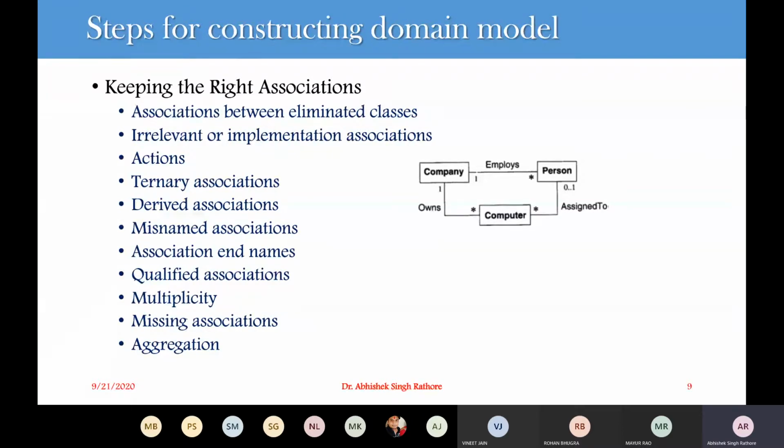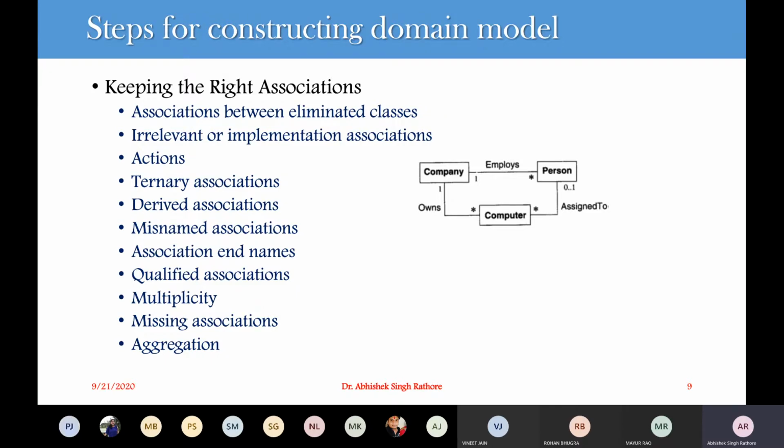And then once we have identified the associations, we'll go for finding the right association. We have a few parameters for finding or keeping the right association. So we have to discard the unnecessary and incorrect associations. So we'll go for the following criteria. How can we discard the unnecessary associations that we had identified?